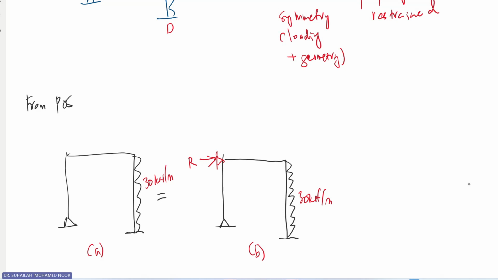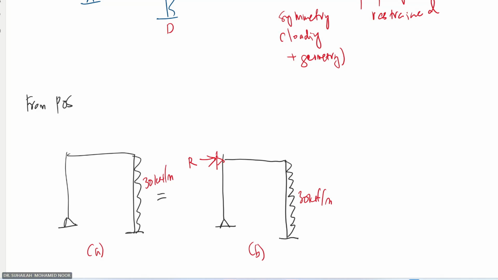So we have to apply a pin at B. By having the pin support at B, the frame is properly restrained.